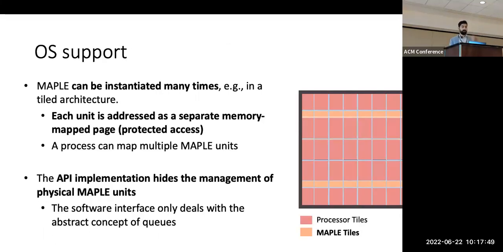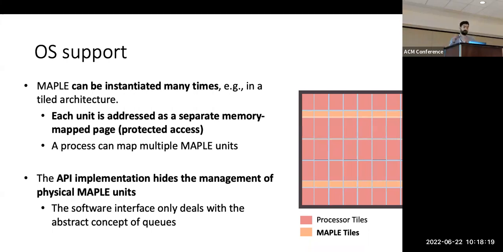We have mentioned that our Maple API operations are under the hood loads and stores, so the cores that interact with Maple map the corresponding physical page into virtual memory. Using virtual memory provides a process exclusive and protected access to Maple hardware resources. A process with many threads could also map several Maple units across the SoC, for example, in a tile architecture that we see in this figure.